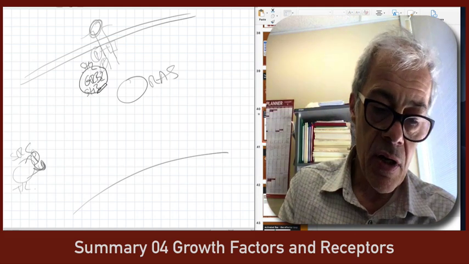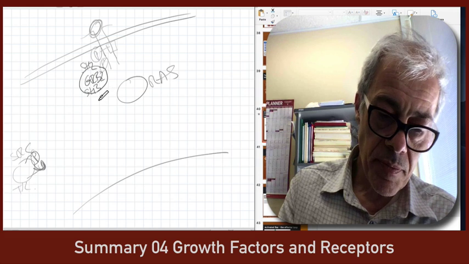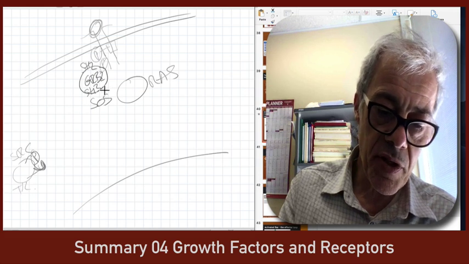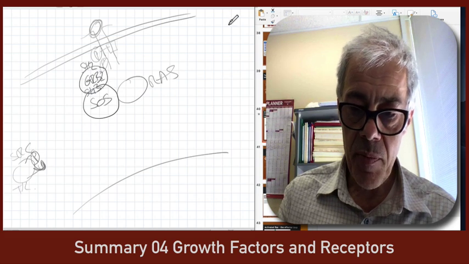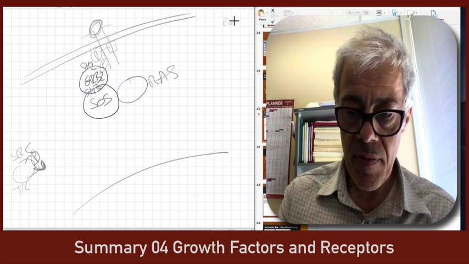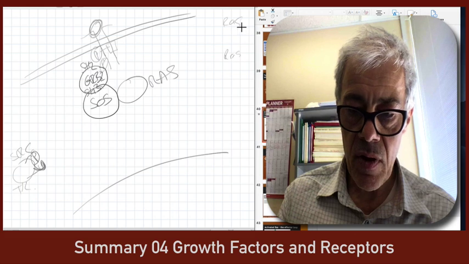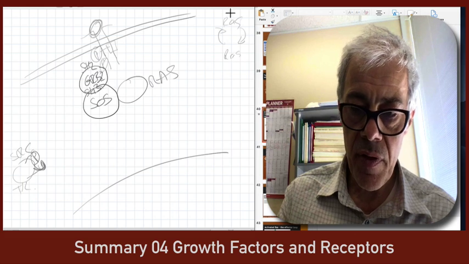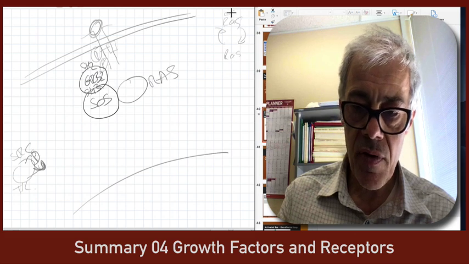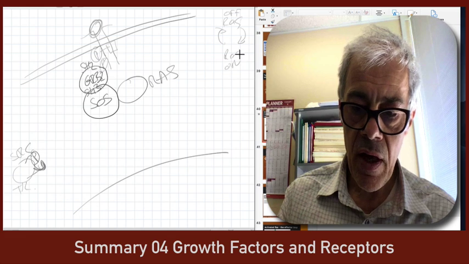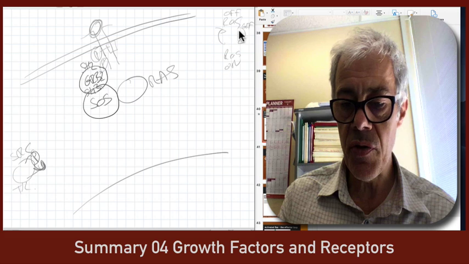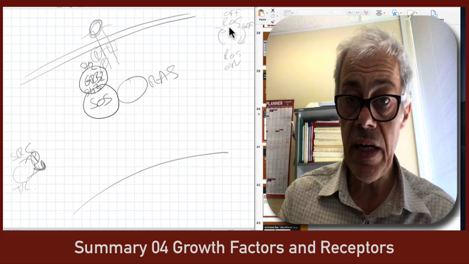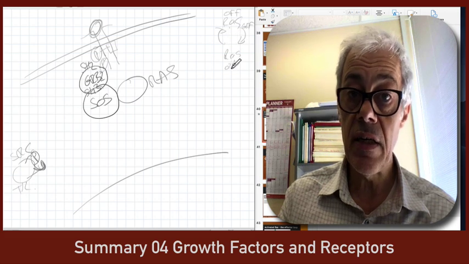This binds to something called the SOS protein. When we did our RAS activation loop, remember, with the off and the on, we had the guanine exchange factor leading to the exchange of GDP to GTP.